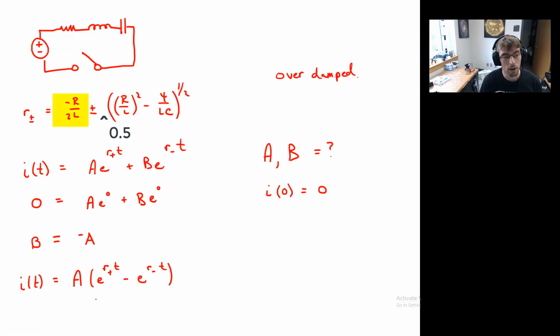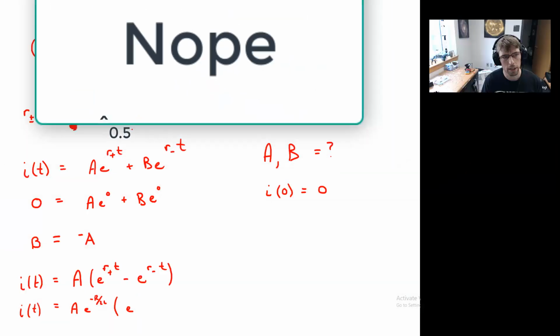Notice that both r plus and minus have that common term in there, negative R over 2L. So let's plug that in. I have A e to the negative R over 2L t, and then I'll have something like e to the, let's just call this c for right now.